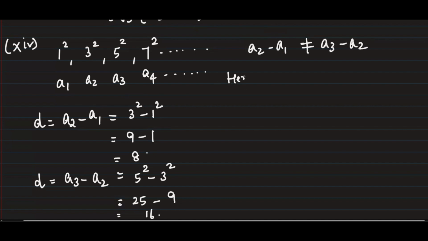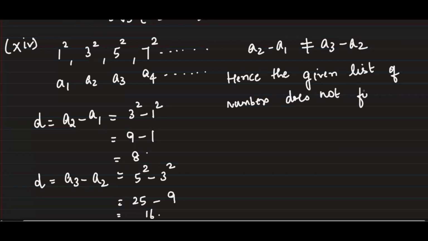Hence, the given list of numbers does not form an AP. Okay, clear, easy. Moving on to next question now.